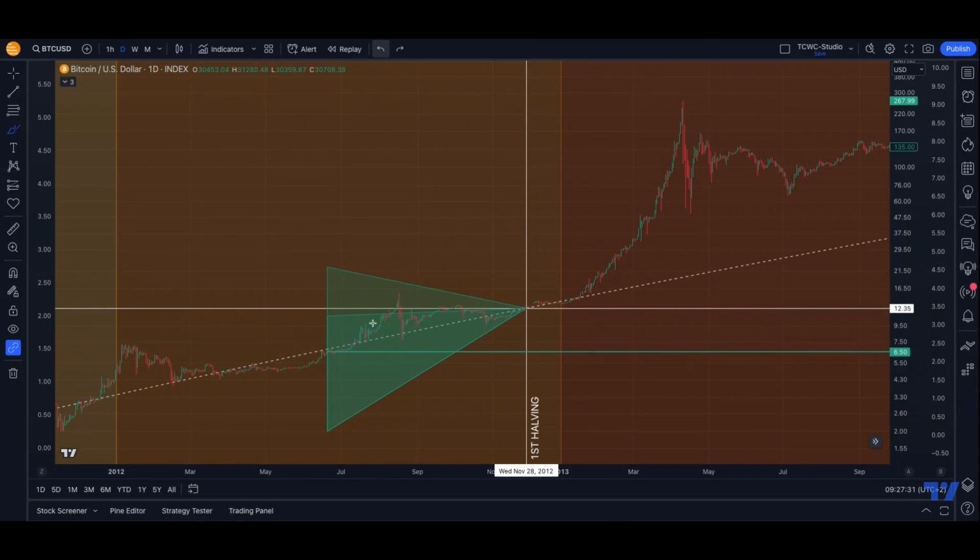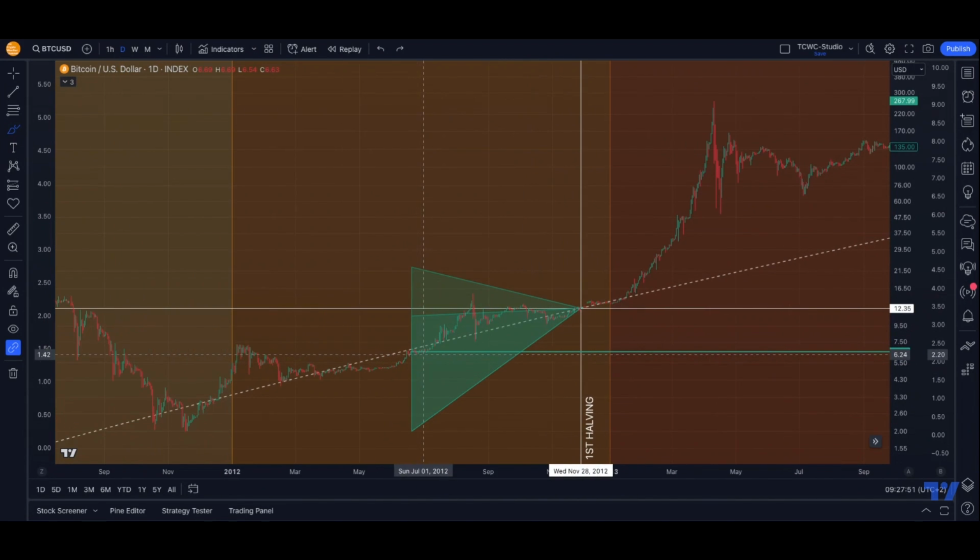And so we've noticed in our research of these triangles that the determining factor of whether we trade in the upper triangle or the lower triangle is the Federal Reserve's federal funds rate. Right?